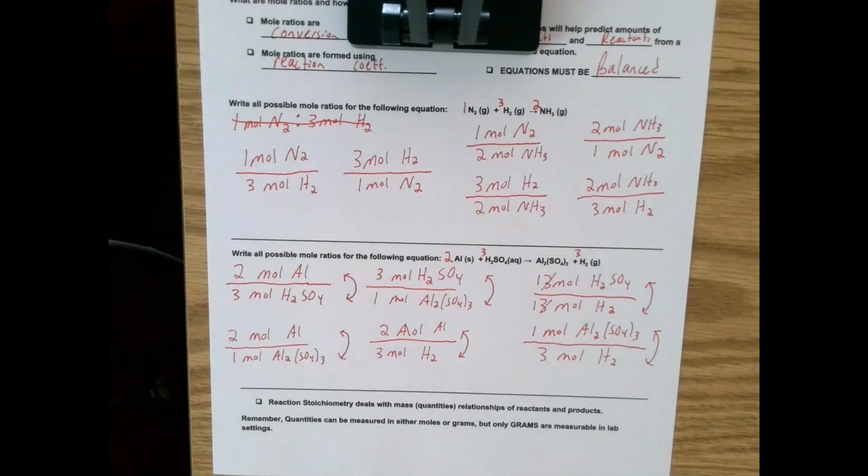And when we convert from reactants to products, we have to consider the number of moles, not the number of grams. However, because we actually do real chemistry in lab, and in the future you will, you need to know how to determine the number of grams that react, or the number of grams that are produced, because these are quantities that we measure. So what we'll do in the coming videos and coming days is think about how we can go from a balanced equation to an actual number of grams that can be measured.